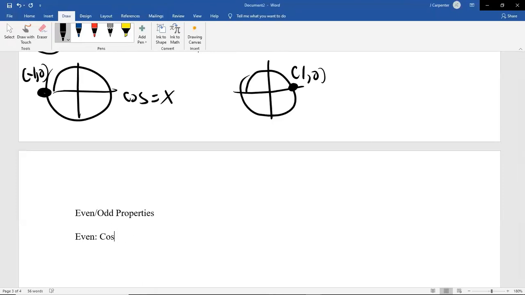Cosine and, of course, secant, the reciprocal functions follow the same. This means that the cosine of a negative angle is the same thing as the cosine of the positive angle.